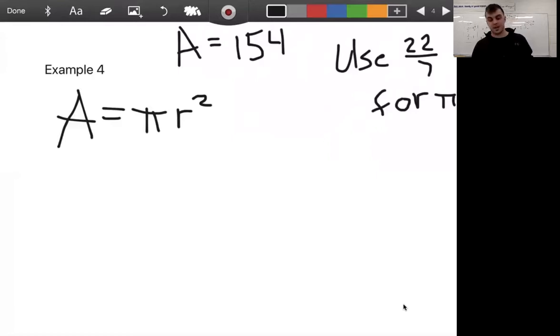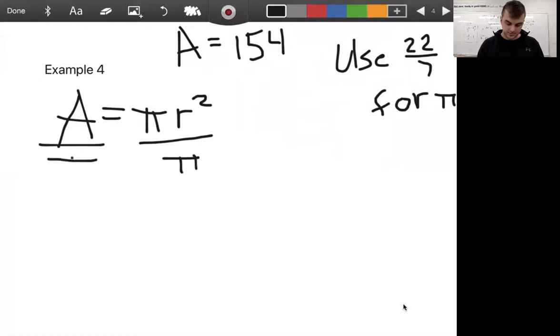So your problem is going to have r all by itself on the one side. Obviously, there's a fair amount of stuff attached to it. The first thing that you can do here is, how do you get rid of the pi? Times pi, the opposite is divided by pi. So you do that first. Again, you have to do it to both sides. Right, so that cancels out that. Now you have r squared is equal to A divided by pi.